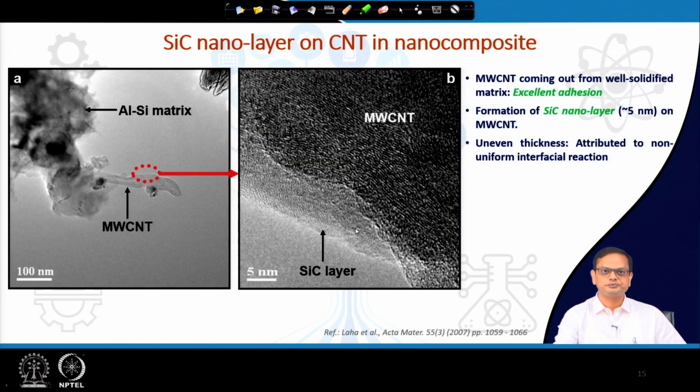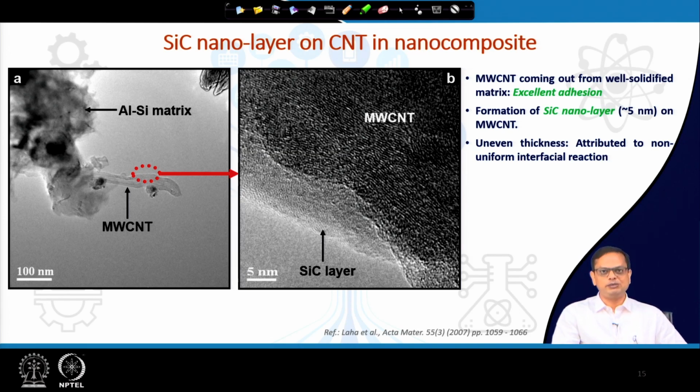You also can see in TEM this kind of carbon nanotube coming out, and if you concentrate on the surface, you can see the SiC layers on top of the MWCNT surface. You can see here this thickness is only around 5 nanometers. So the bottom line is that a carbide layer is forming on MWCNT, though ideally it is not possible as the prism planes are not available, but still it is happening here.